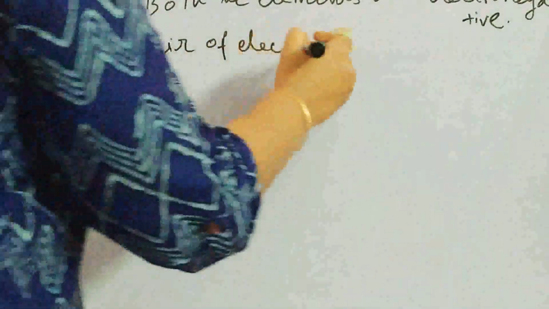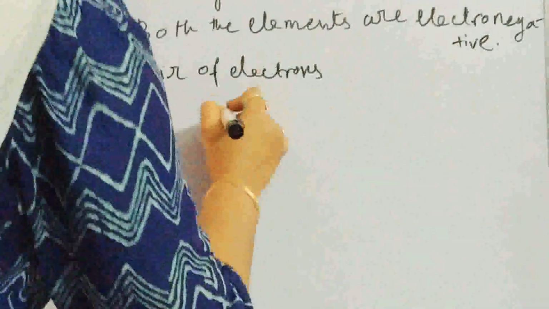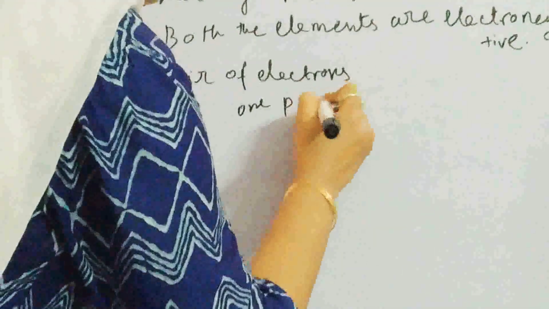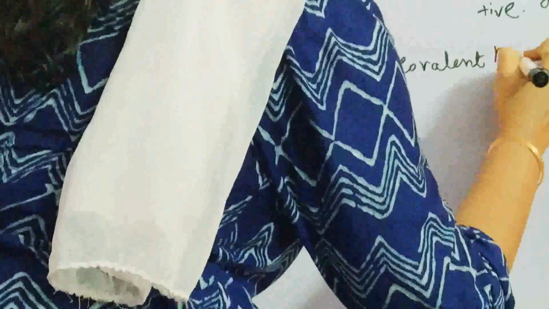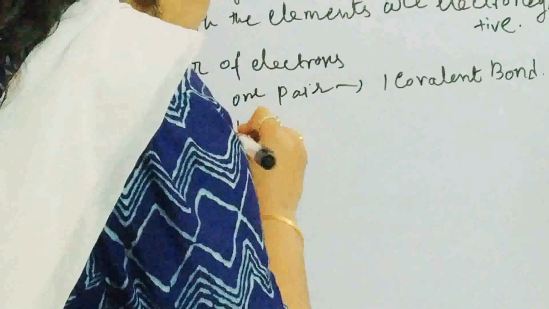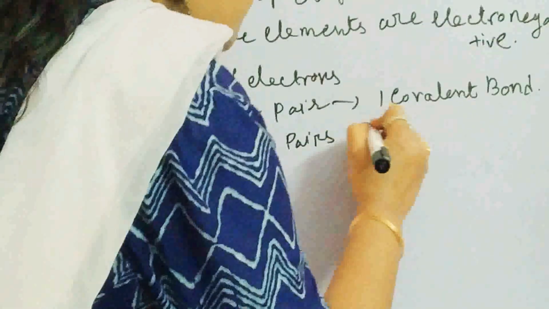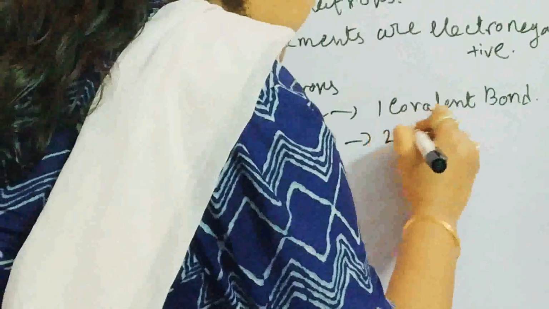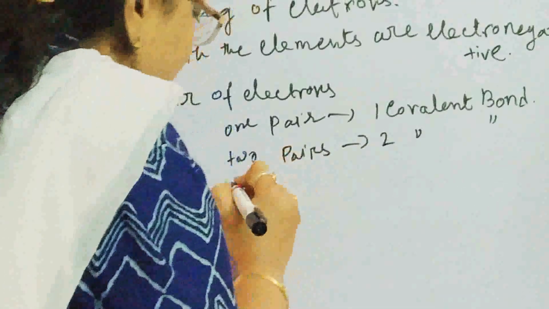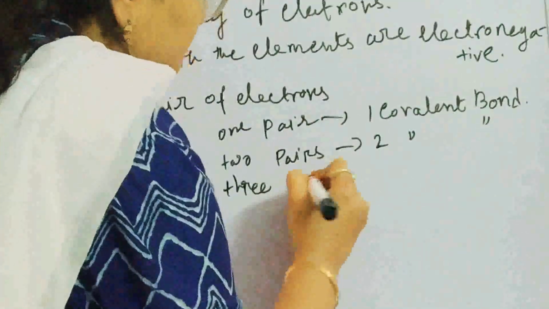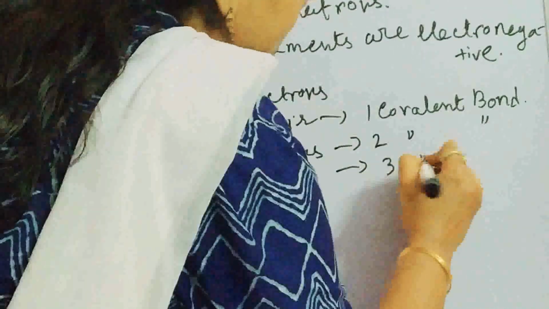When one pair of electrons is shared, it is a single covalent bond; two pairs, a double covalent bond, two covalent bonds; three electron pairs, three covalent bonds.